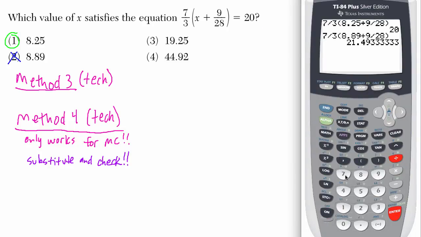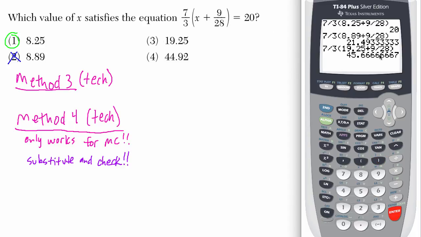And similarly, you could do it again for the third one. I mean, at this point, it's not necessary, but you can see the purpose where you would just go through each one and quickly type them in and see which one gives you, oops, that didn't work out right, to see which one gives you the 20. And so again, this is not 20, this is not a solution.